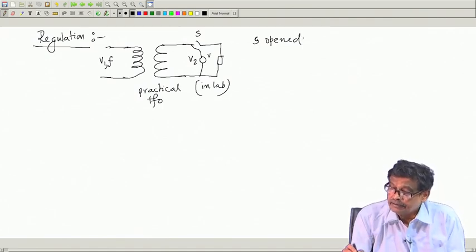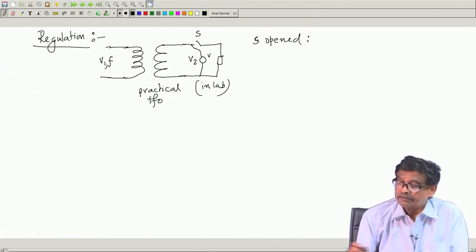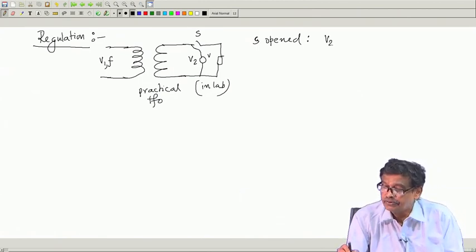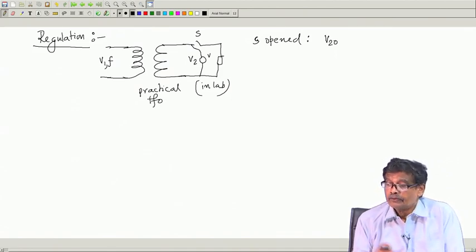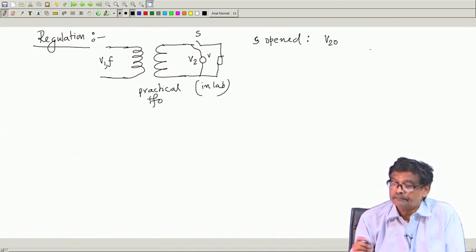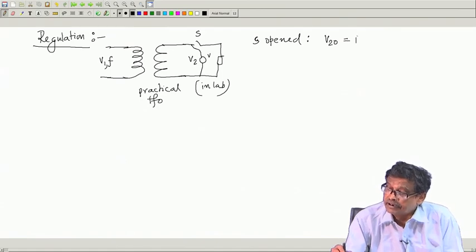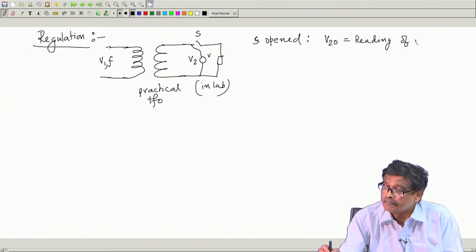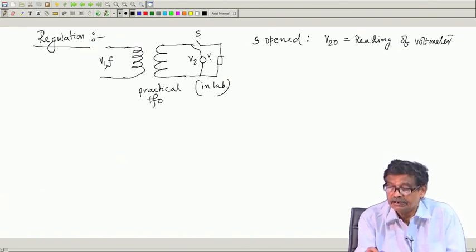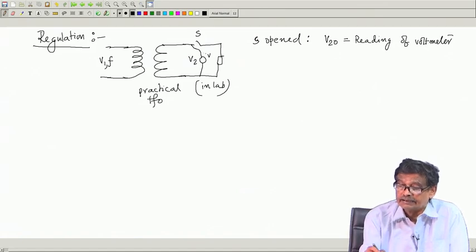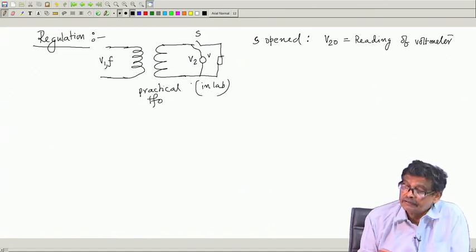With S opened, this voltmeter reading whatever you will get, I call it V20. Note down this reading, magnitude of this voltage, the voltmeter reading across the secondary.